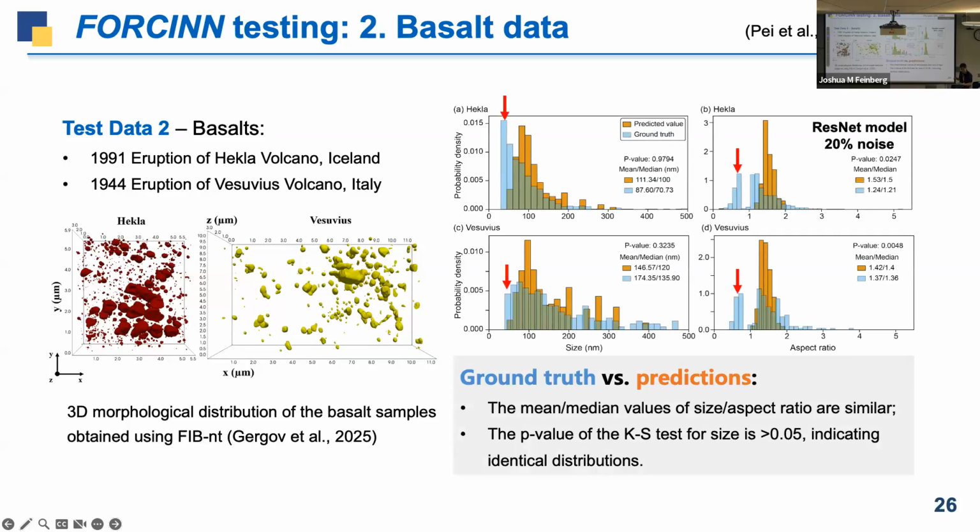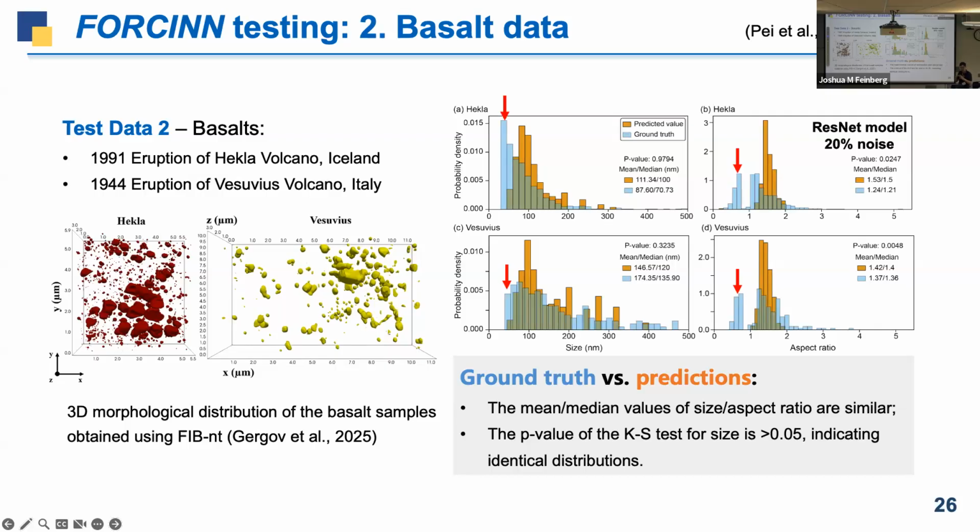But we can see some small problems. For size, for some small-size particles, maybe because their FORC distributions are very similar, with not so many chains in this size range, the model can't predict very accurately. And also for the aspect ratio, for these two data sets, it can't predict the oblate particles.